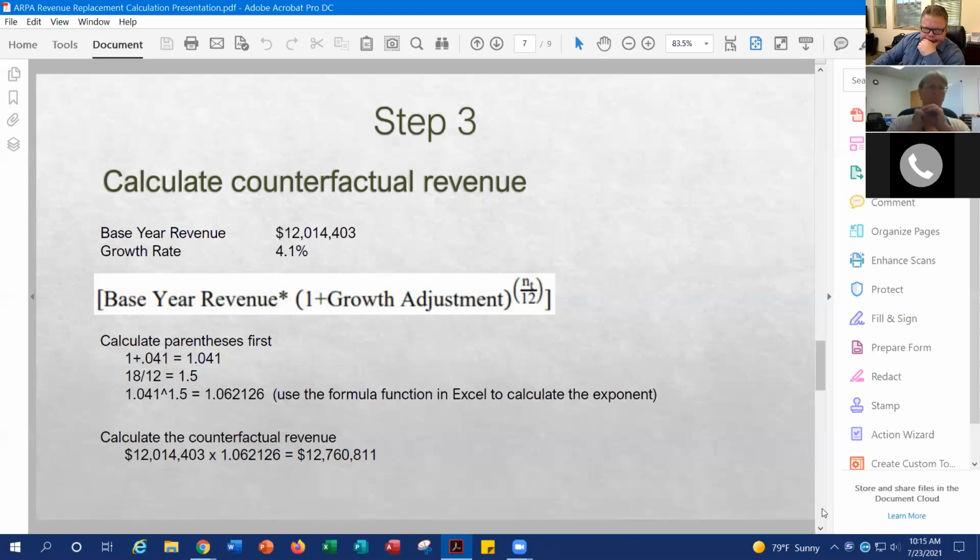You take that number, multiply it by your base year revenue, and that gives you your counterfactual revenue. So that's basically an estimate of what you would have had in revenue if COVID-19 hadn't affected your finances. Obviously, that is just an estimate based on the figures that you are collecting and the growth rate that's being used.